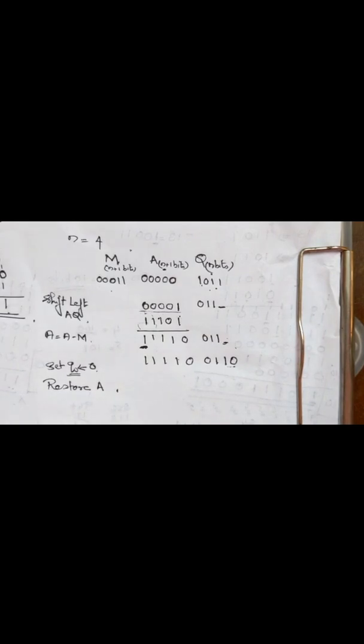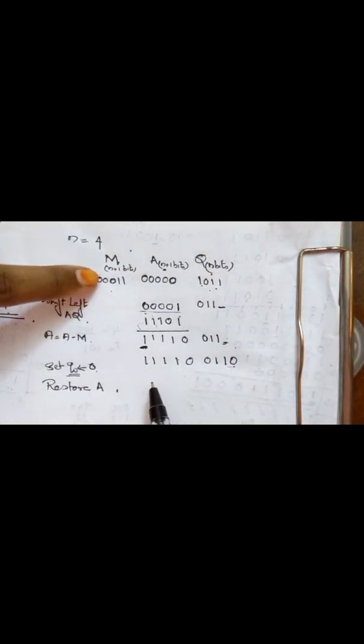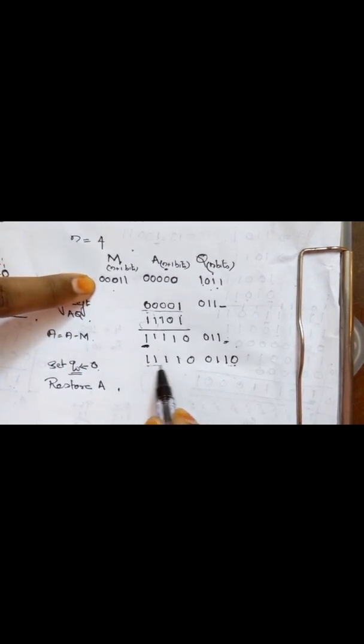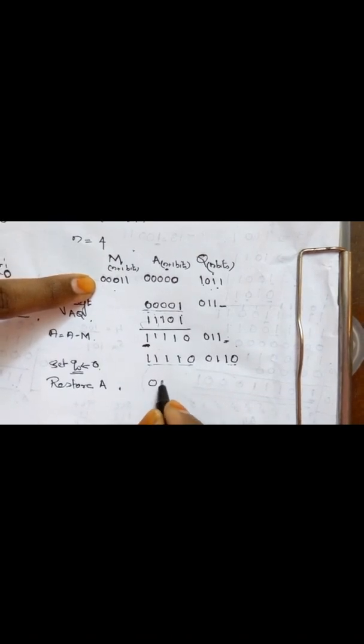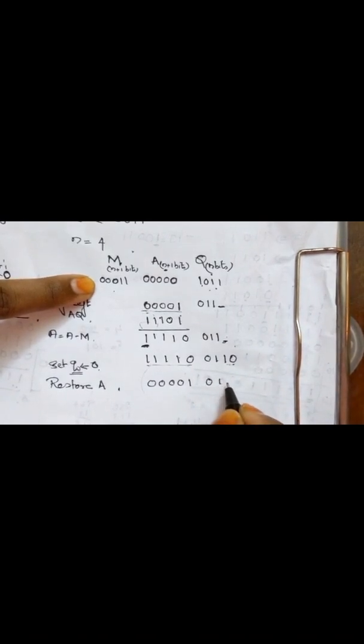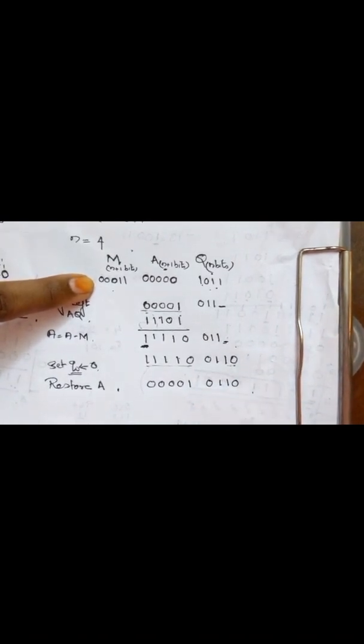So you have to restore to the previous value, or what you can do is add the divisor to this resulting value to get the result as 0 0 0 0 0 1 0 1 1 0.